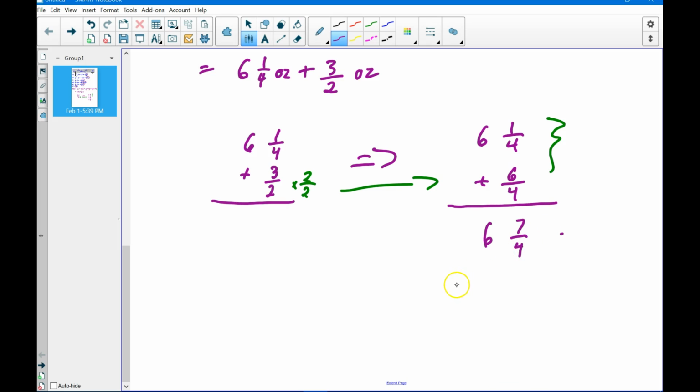So this becomes 6 plus 1 and 3/4, or simply 7 3/4 ounces total. Hope that's helpful.